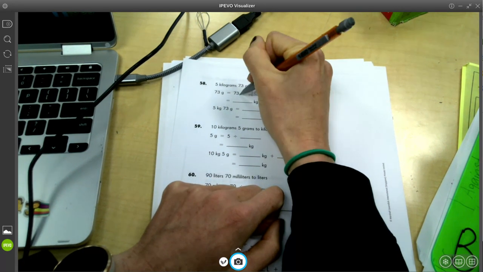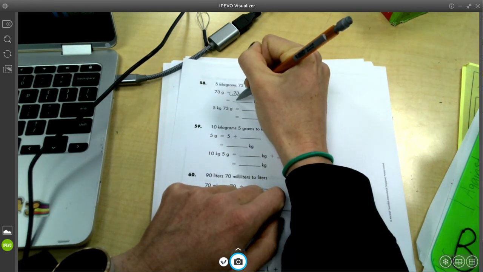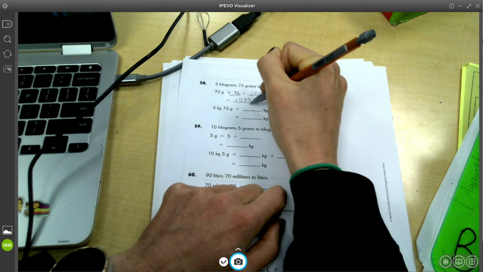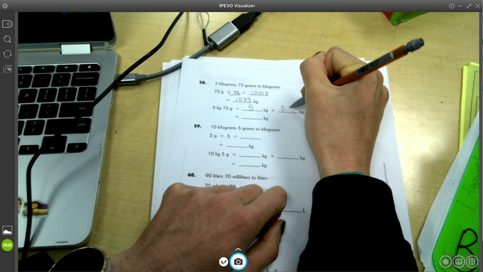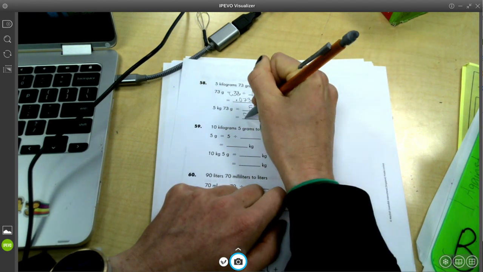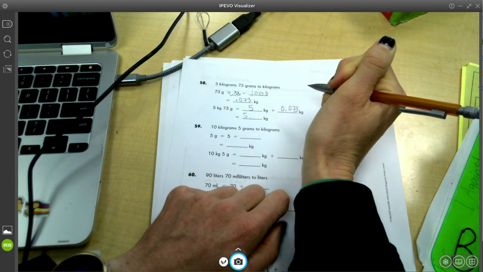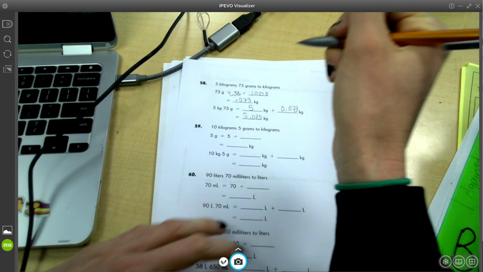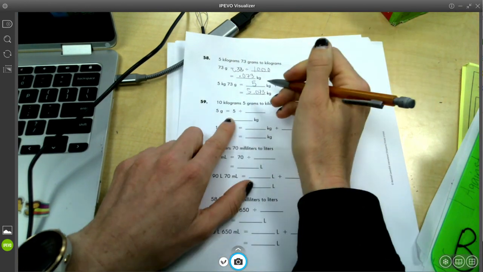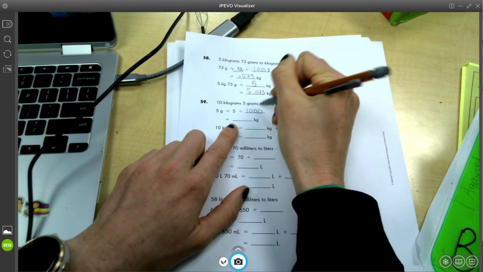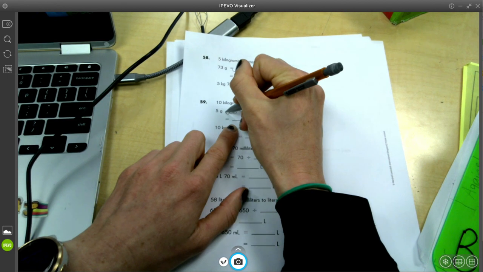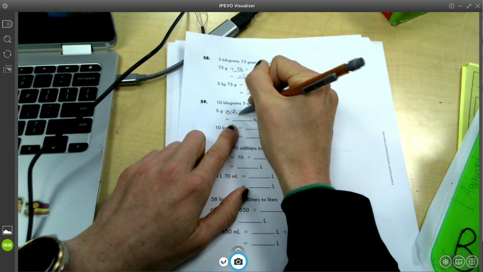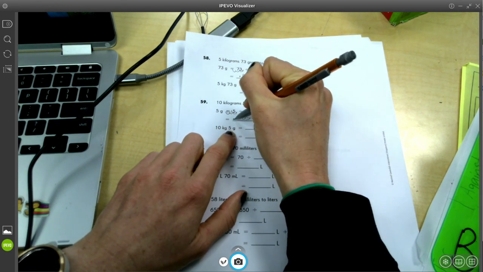Divide by 1,000. Move the decimal place 1, 2, 3, and 0.073. 5 divided by 1,000, 1, 2, 3. Add those, 0.005.